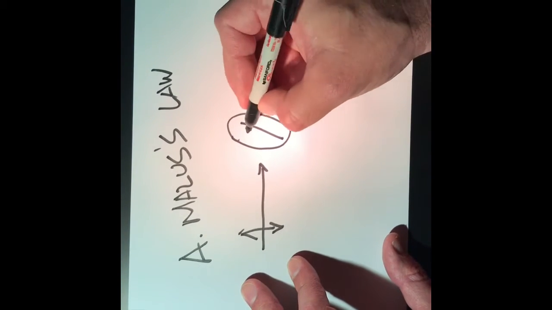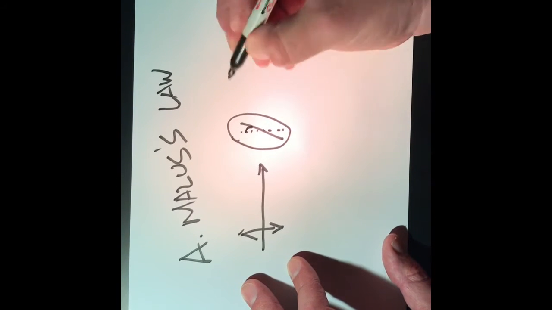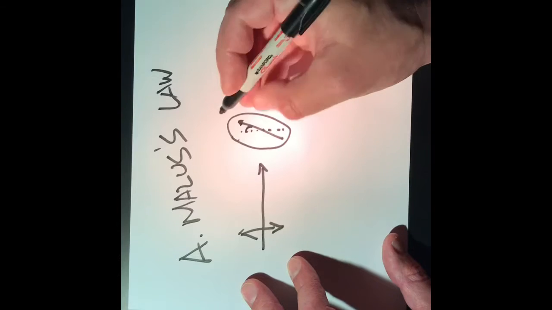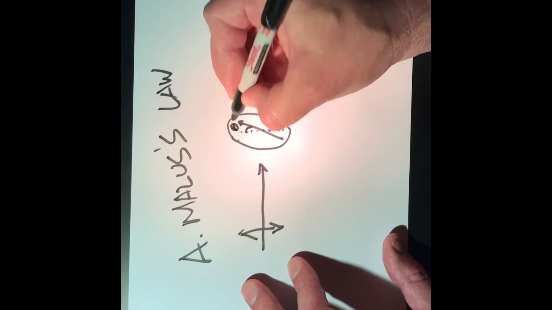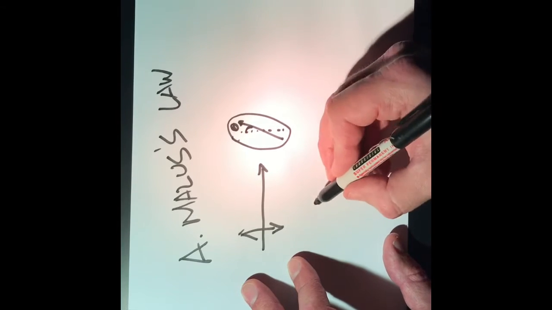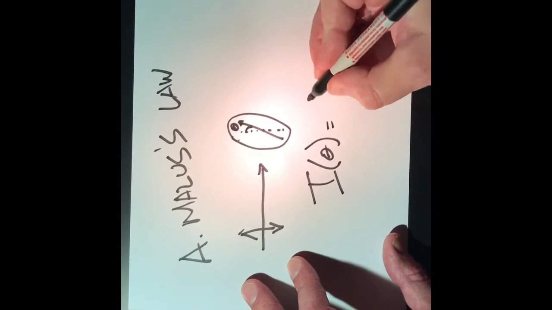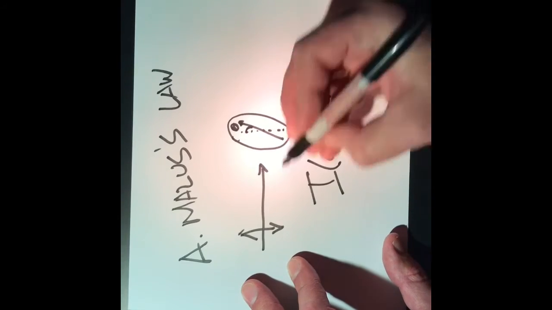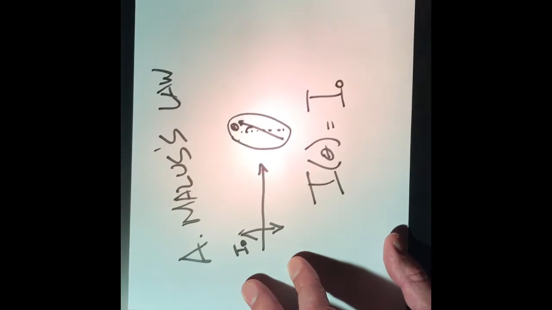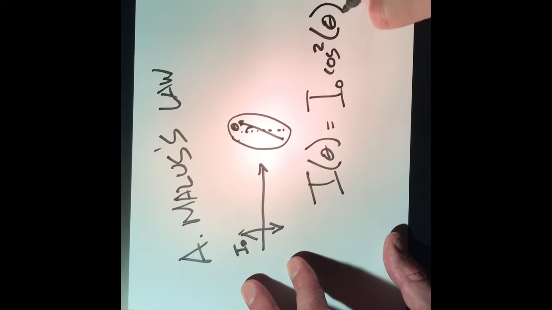So this is an analyzer filter, and the polarization axis here is drawn at an angle theta to the vertical. Then the transmitted light will be, as a function of the angle, the incident intensity times cosine squared of the angle.